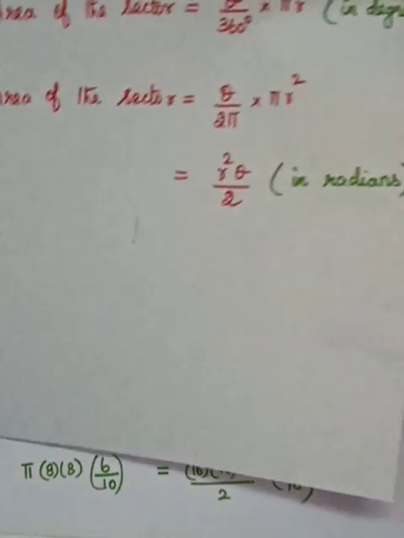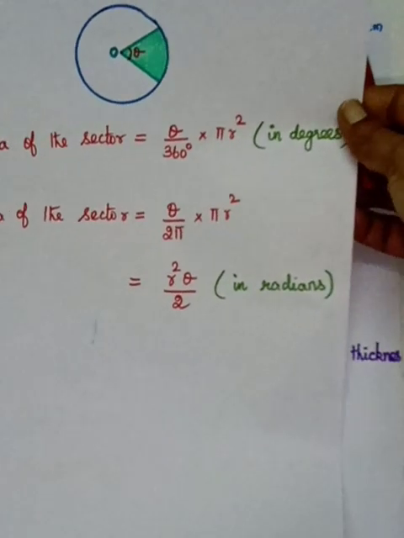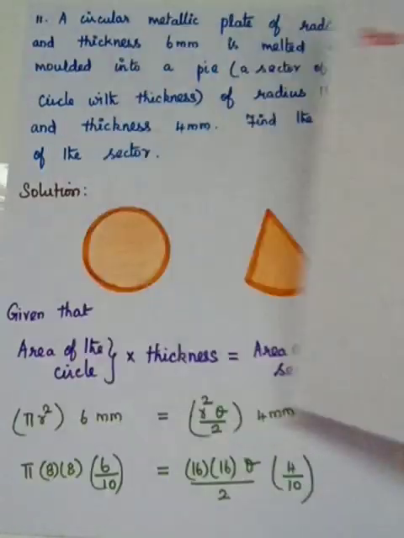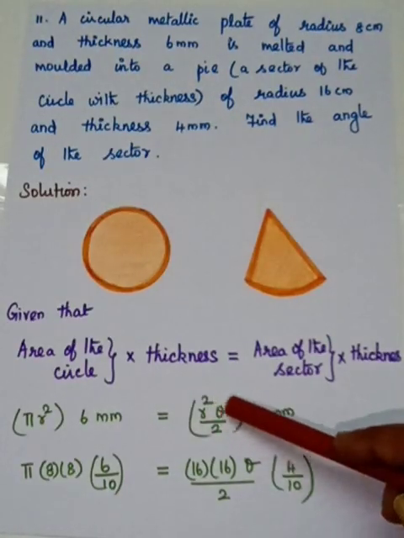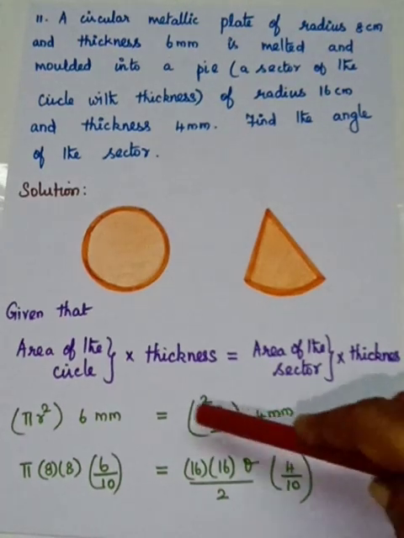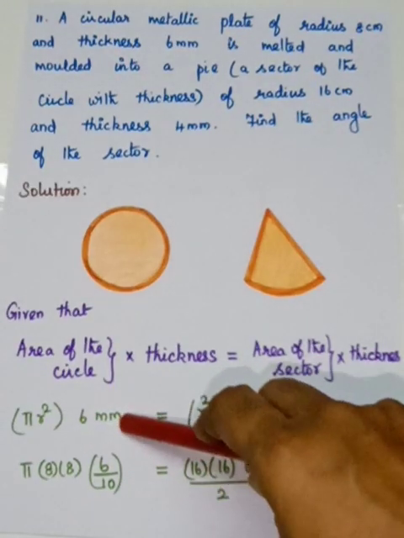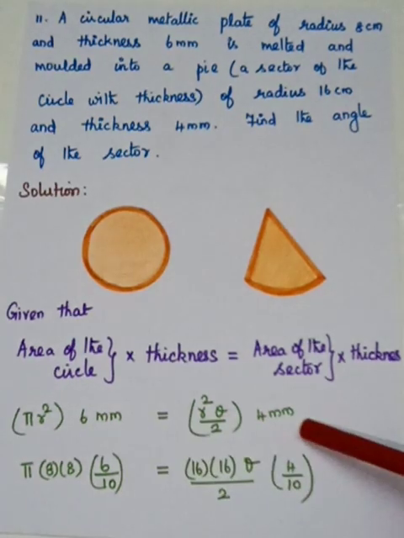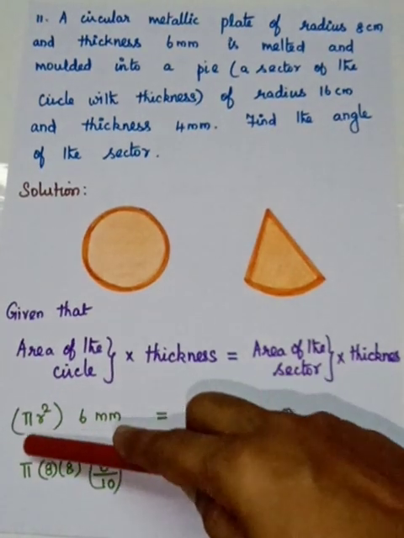That is theta divided by 360 degree into pi r squared. In terms of radian it is r square theta divided by 2. So therefore r square theta by 2 into 4 millimeter. The 6 millimeter has to be converted into centimeter, it is 6 by 10. Here 4 by 10.